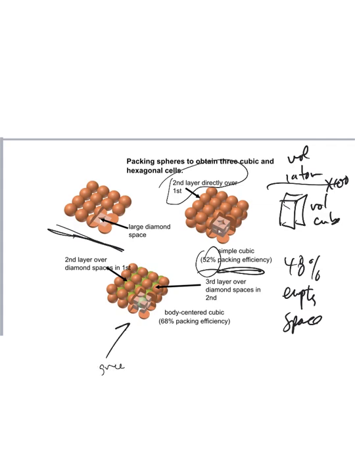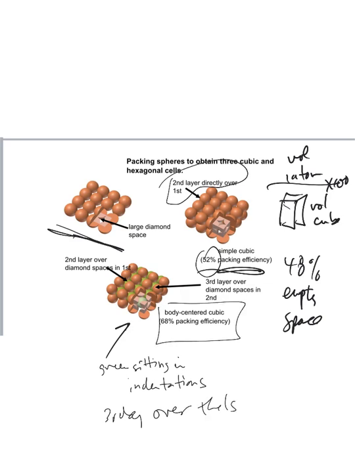So the green is sitting in the indentations. And then the third layer is over the first. That is what a body-centered is. Again, the green one's in the middle, and then you have the other atoms on the corners.